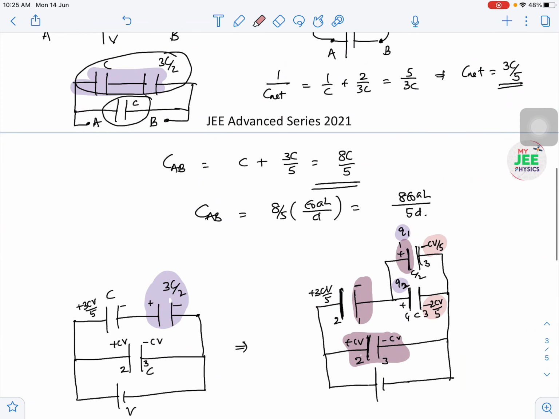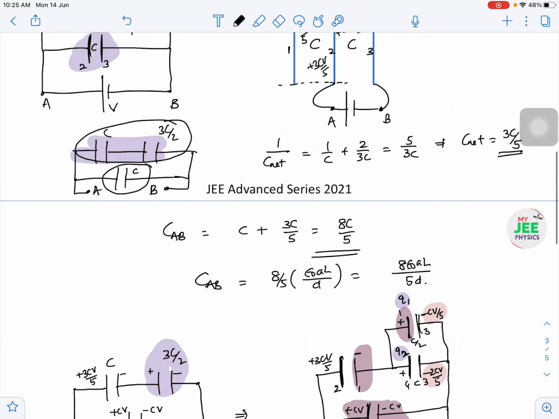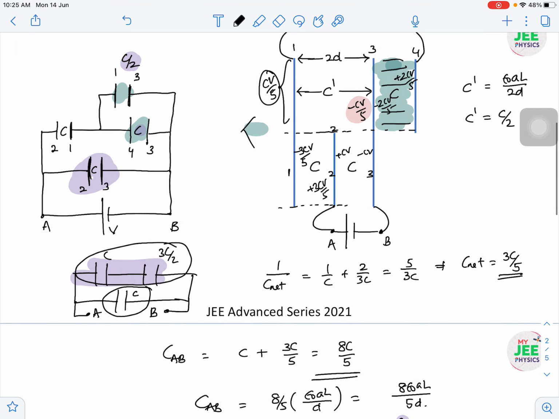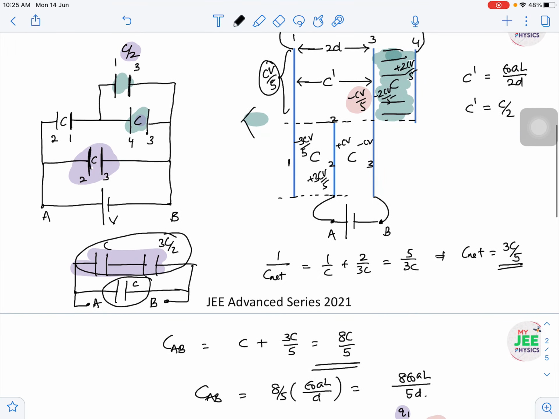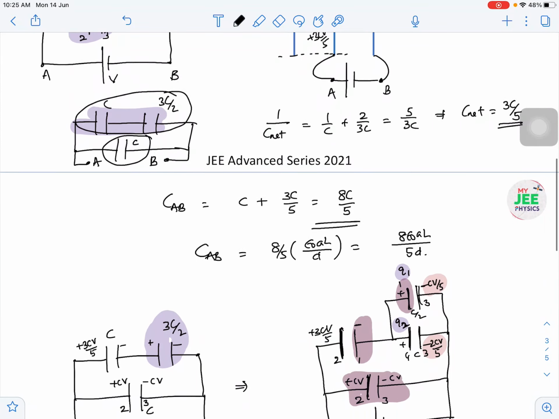Minus 2CV by 5, 3 and 4. 3 and 1 will be minus CV by 5. And then what is the other one? Minus 2CV by 5 on this side, so this will be plus 2CV by 5. So like this you can identify the charge distribution on each and every plate also. Okay, so that thing you need to understand.